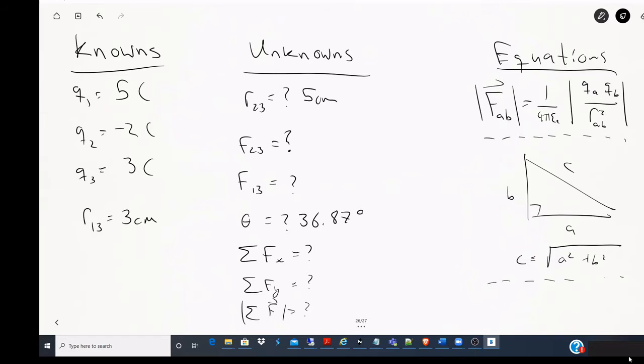Okay. Next, we can start to find the magnitudes of the forces. So we can find F23 and F13.